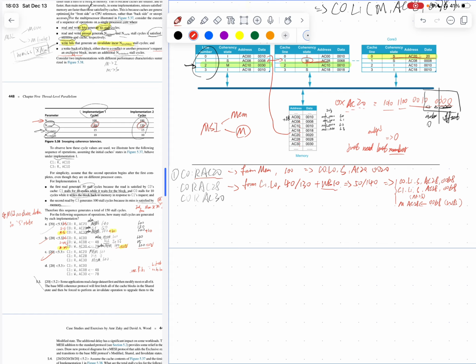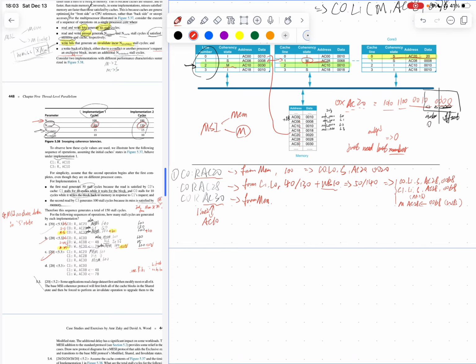Okay, and then we have the third action, AC30. Do we have AC30, anyone? Nobody has it, so it will get it from the memory. As we calculated before, AC30 shares the same line 2 with AC10.